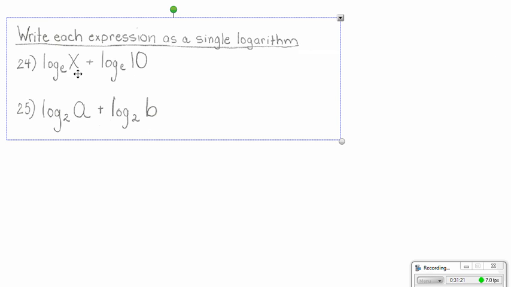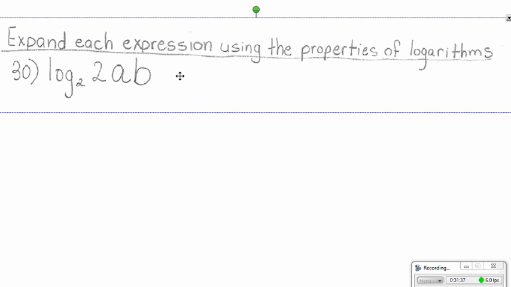Single logarithm, and then here we have log base e of 10x. By multiplication, here we have log base 2 of ab. Expanding this one, whenever you multiply, you have to add.